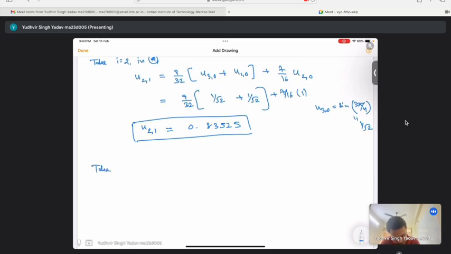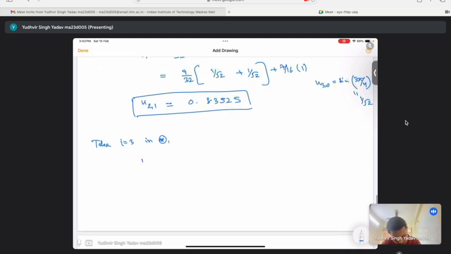Next, we will take i equals 3 in star, and it will give u_3^1 = 9/32 times (u_4^0 + u_2^0) + 7/16 u_3^0.